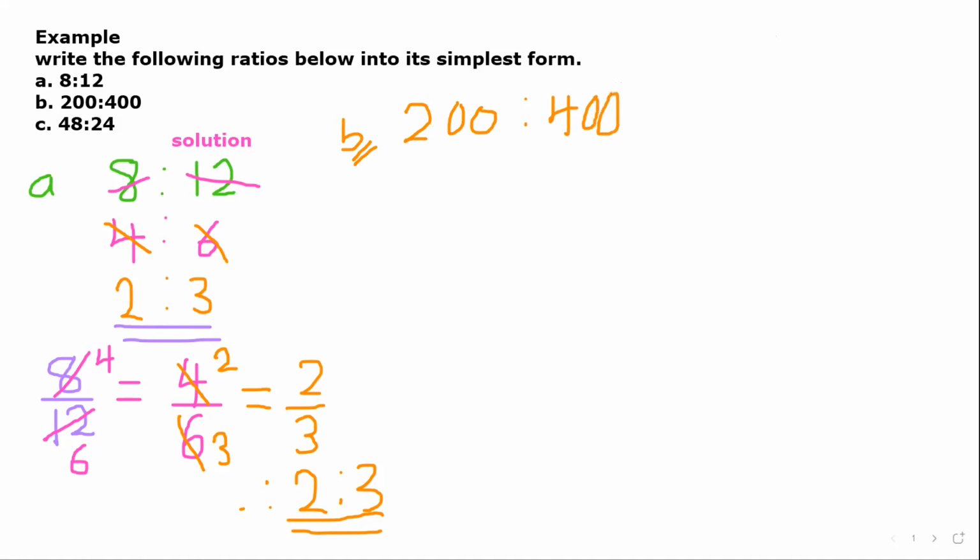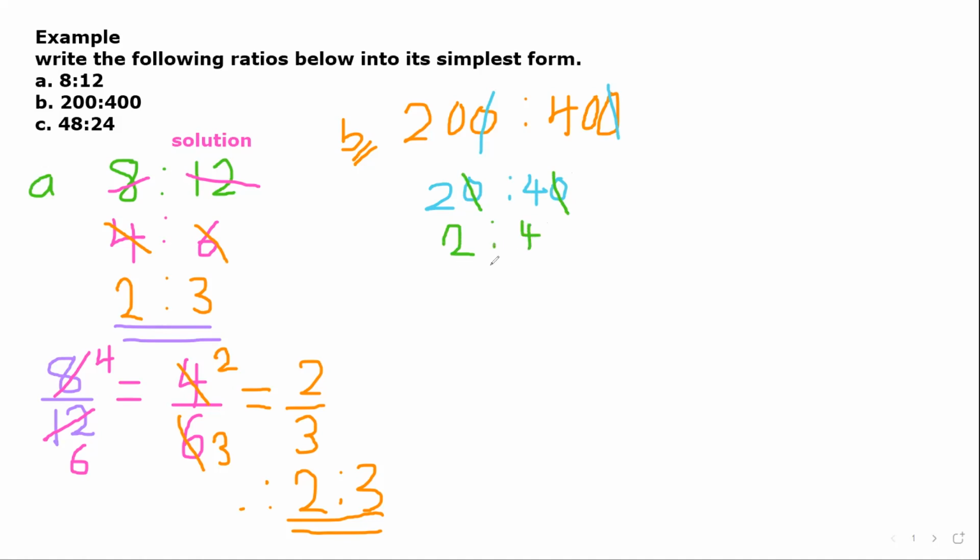When they ask you to do the cancellation, to reduce this ratio into its simplest form, because the last digit here is 0, we'll take care of the last digit here. Now we have 20 to 40, okay? Good. And because the last digit here is 0, we'll also take the last digit here. Good. Now we have 2 to 4.